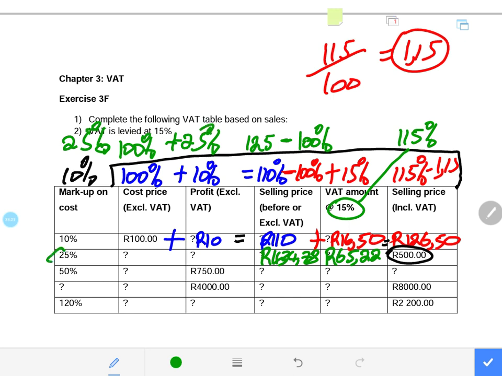In this case we are dealing with the 25% markup. We said the cost price, we added 25%, and this is the 25% profit we are talking about. Therefore the selling price before VAT was added will be out of 125%.